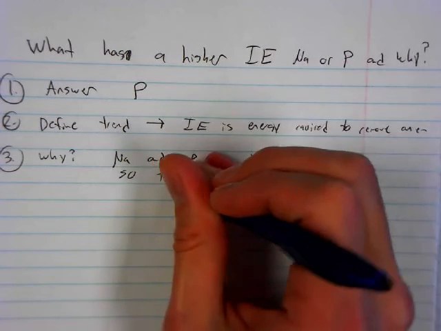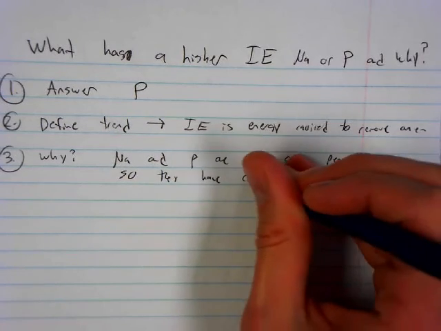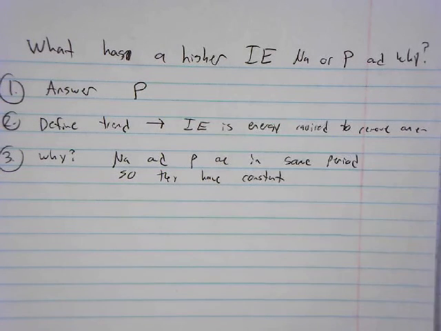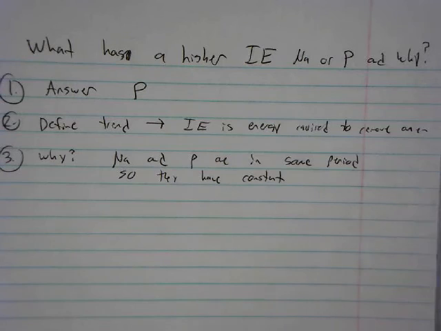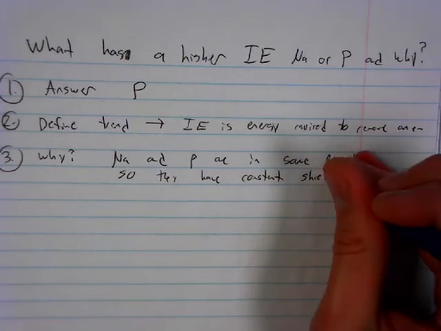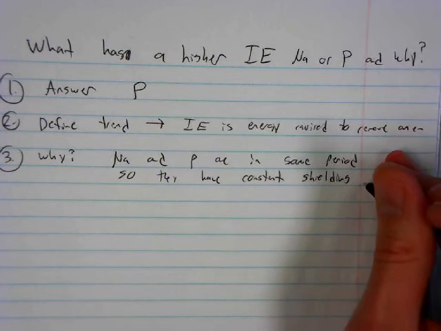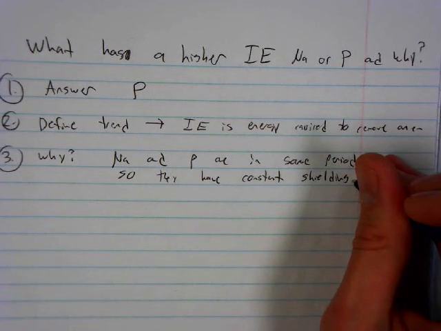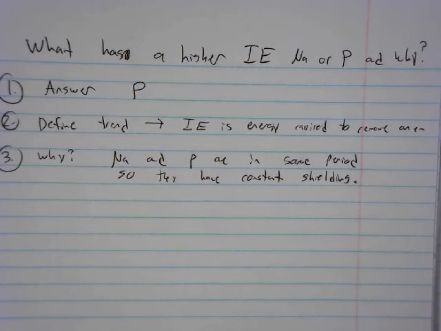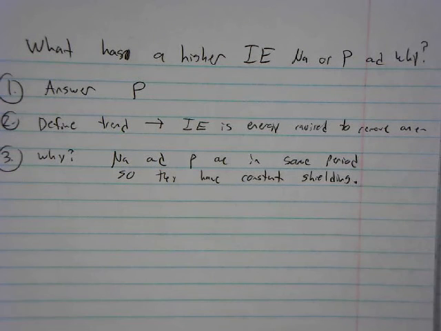So why? Well, Na and P are in the same period. So they have constant shielding.